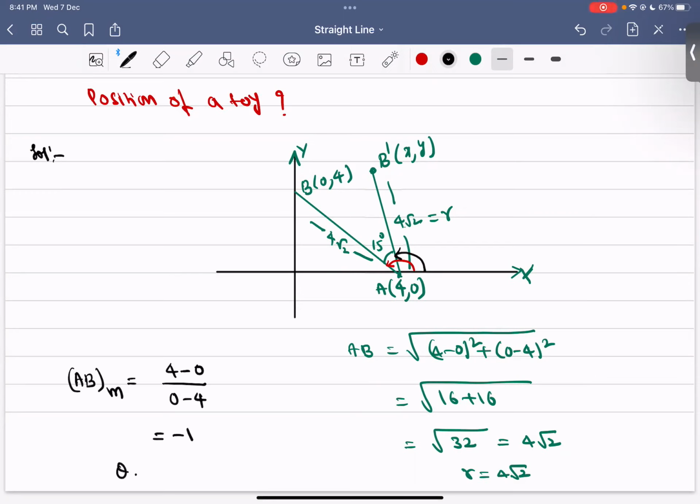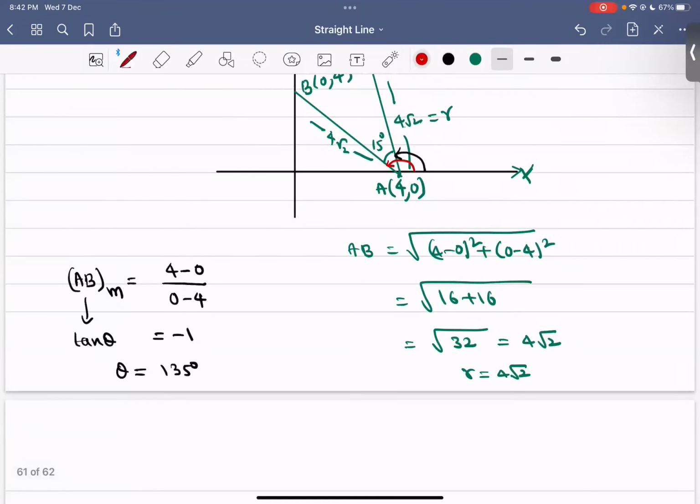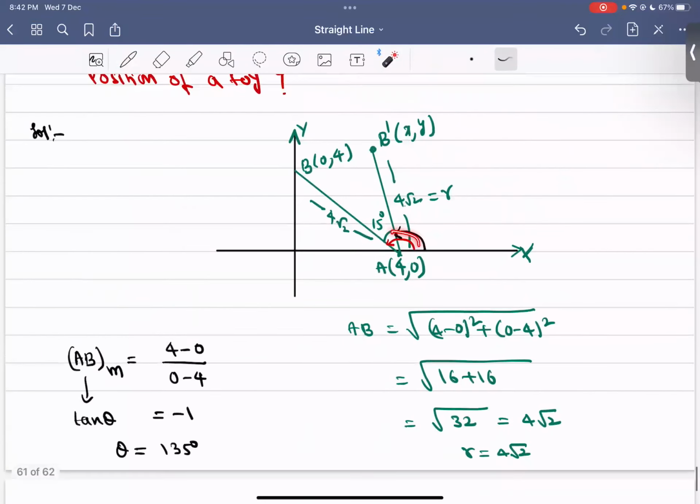So what is theta? Slope of AB means tan theta, which is 135 degrees. So this red angle is 135 degrees. But our requirement is this black angle. How much is it rotated? 15 degrees. Then how much does it decrease? 15 degrees.